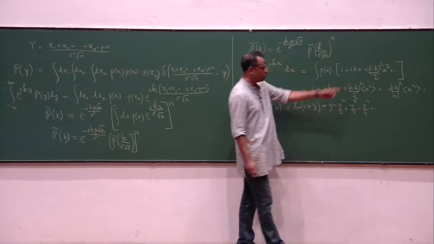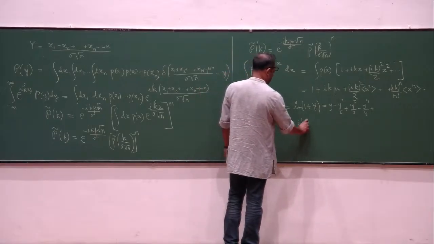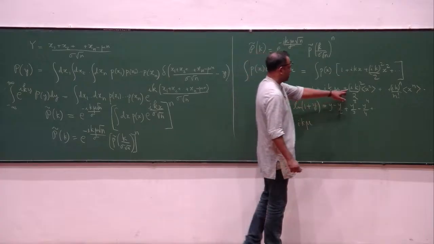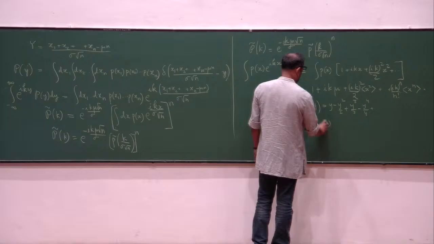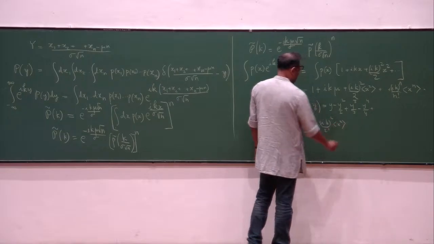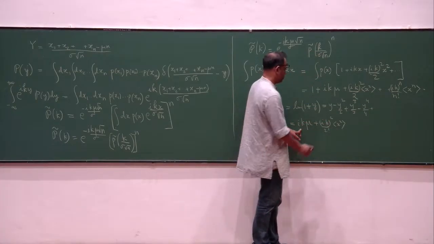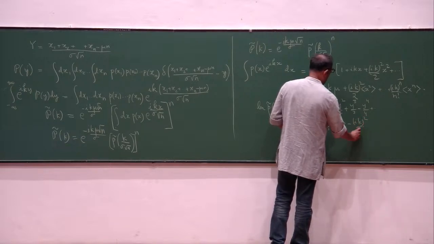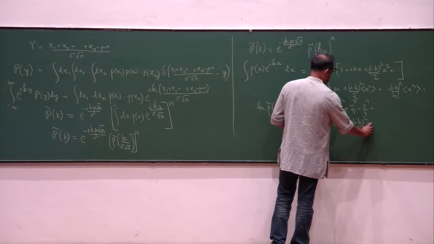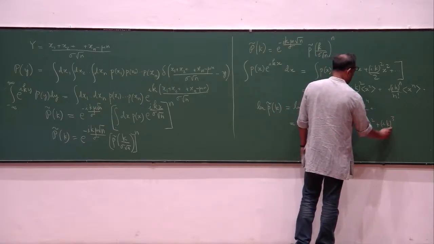Where y is this whole quantity, so this becomes ik mu. The second one is plus (ik)^2 by 2 factorial times x square plus higher order terms, minus y square by 2, minus (ik)^2 by 2 mu square, plus (ik)^3 and so on.